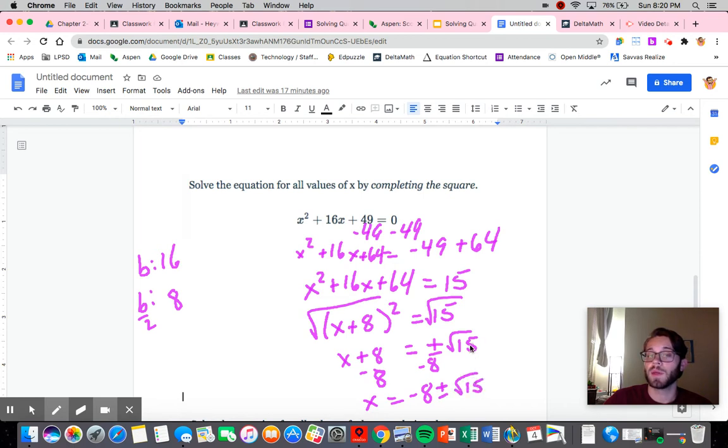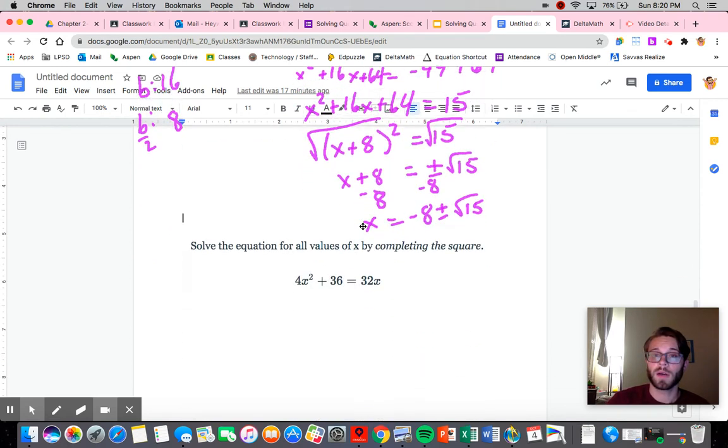Sometimes you end up with a radical that you can simplify. In our case, we couldn't, so we just left it alone. This is how we leave our answer because there's no further way to simplify it. I know it's a little unsettling and difficult to see sometimes, but that is how we leave our answer.